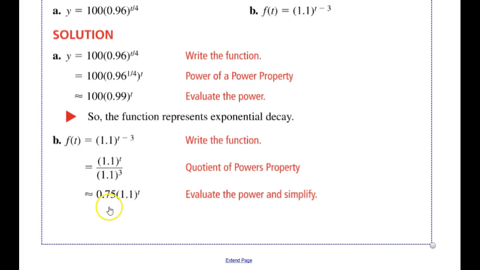So I can evaluate this, and then I end up with just my exponent, and I see that inside my parentheses is greater than 1, so it's exponential growth. So before I can determine if it's growth or decay, I have to get the exponent to be just the variable that I'm looking at, which in most cases is the letter t.